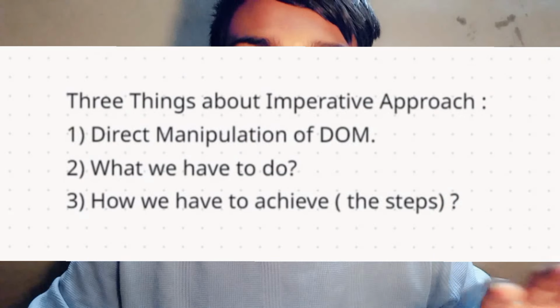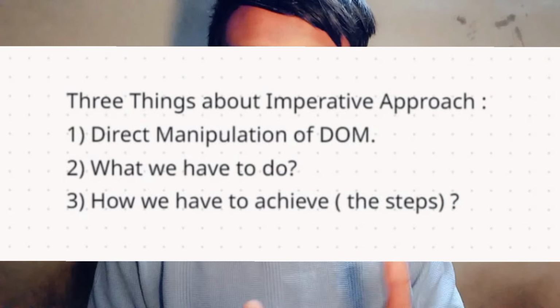Secondly, in an imperative approach, we tell the browser what we want to do, like whether I want to display the text or something else. This is the second thing. And the third thing, we are also telling the steps we want to do, like if I want to display some text, then on which part of the page I have to display it. So basically these are the three important things about an imperative approach.